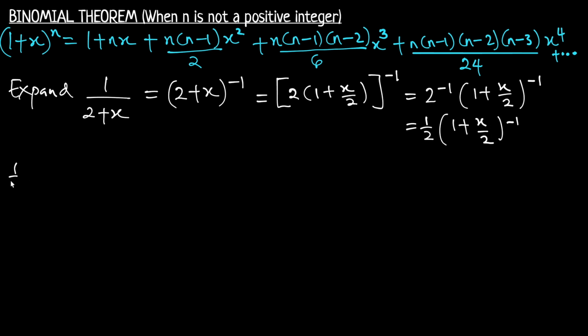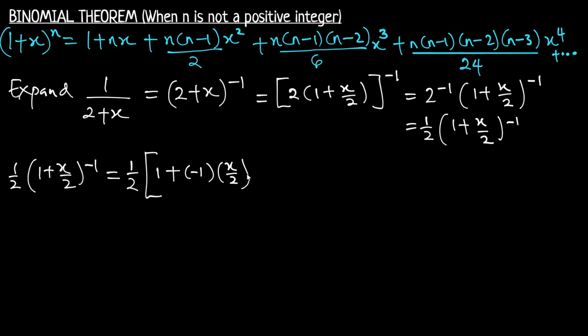Now 1 over 2, 1 plus x over 2 to the power of negative 1 can be written as, let's take the half to be on the outside, and let's begin with all of these. So we have 1 plus, remember, n is negative 1, so we have negative 1. X is not x now; x is now x over 2. So we replace that with x over 2. That has been sorted.